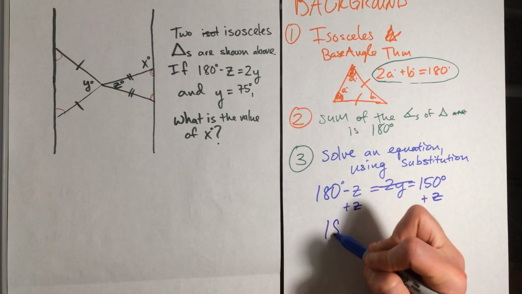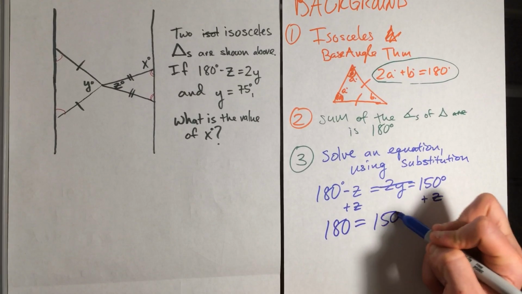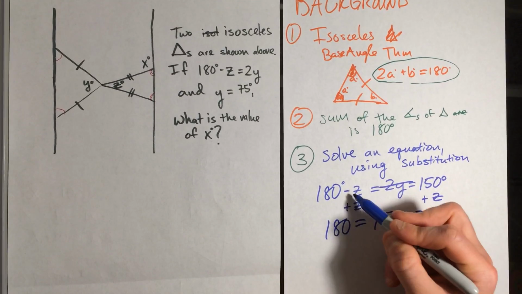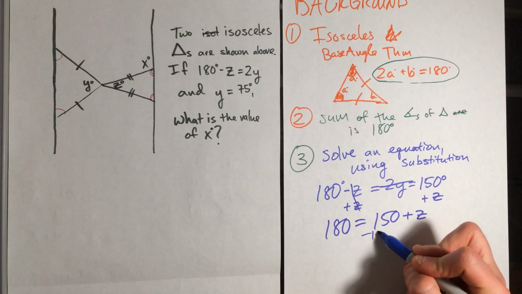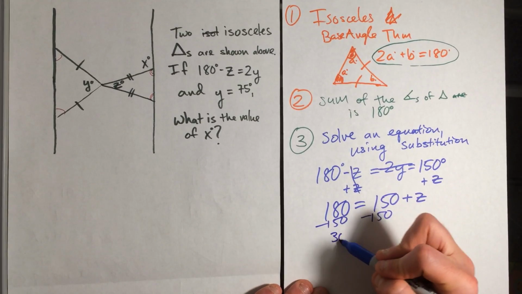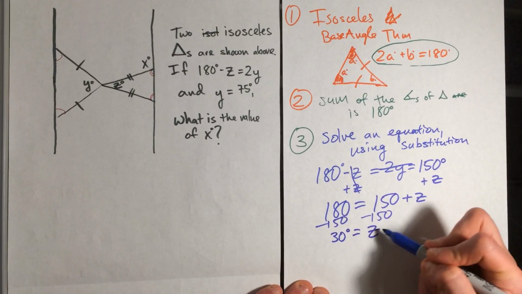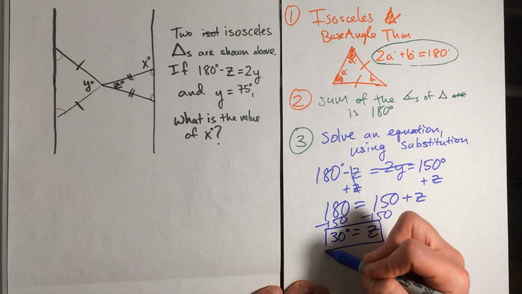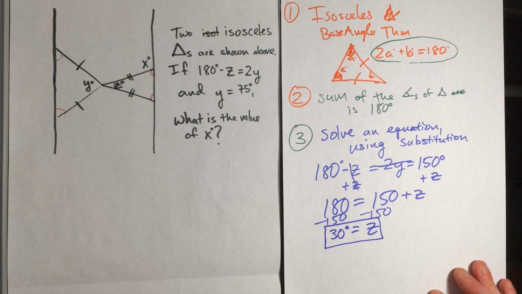Okay, so we have 180 degrees equals 150 plus z, because our z's canceled out. We subtract 150 from both sides, and we get that z equals 30 degrees.